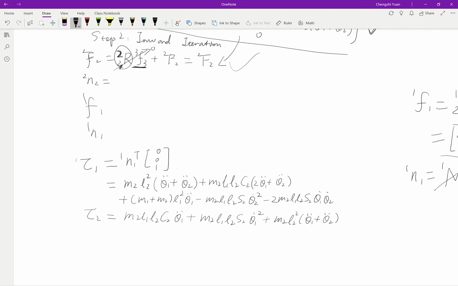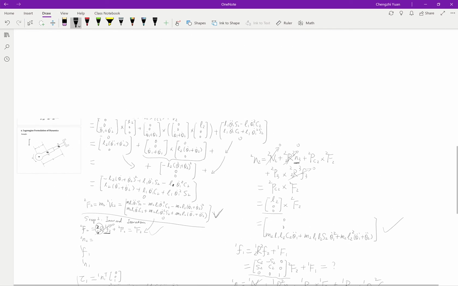Okay, so this is the dynamics. Up to this point we have established the dynamics of this two-link manipulator.